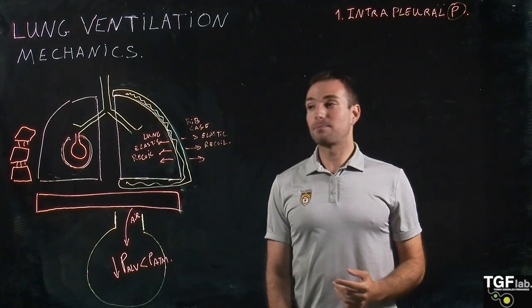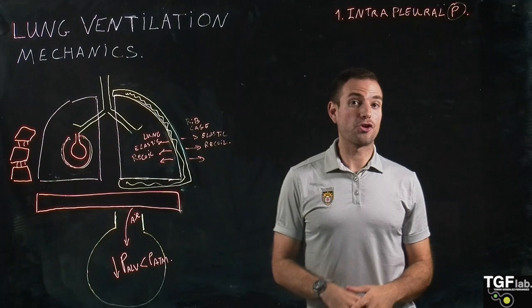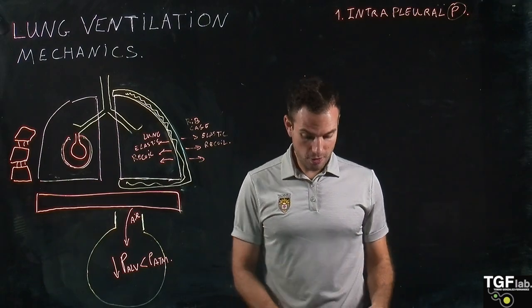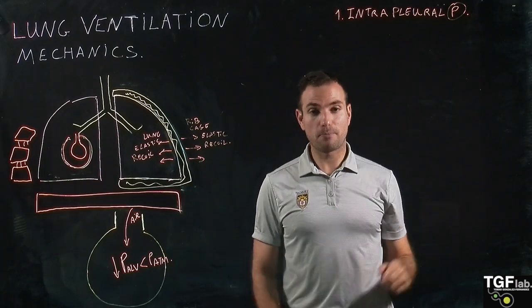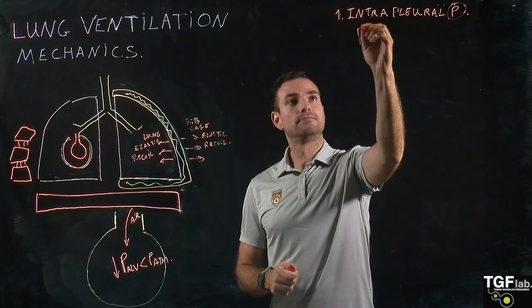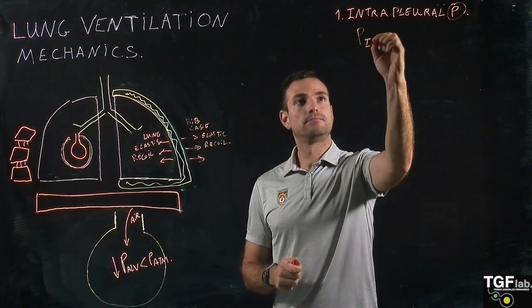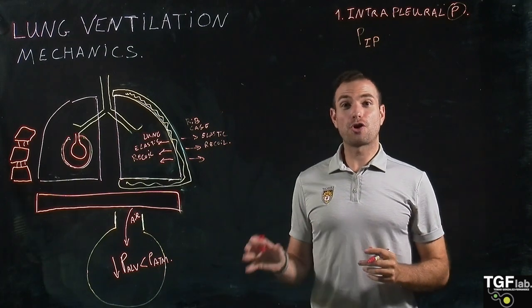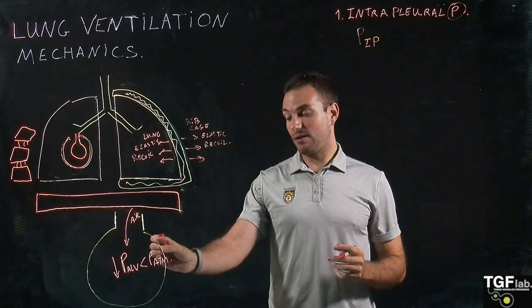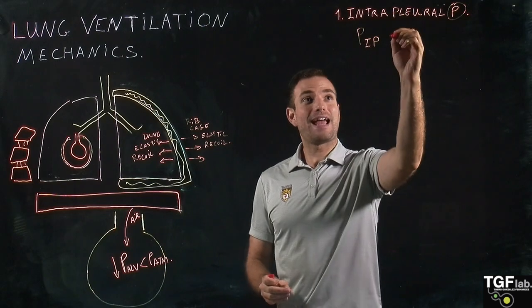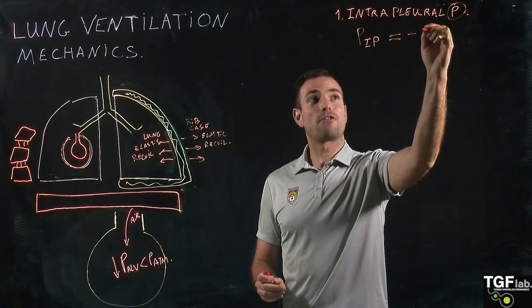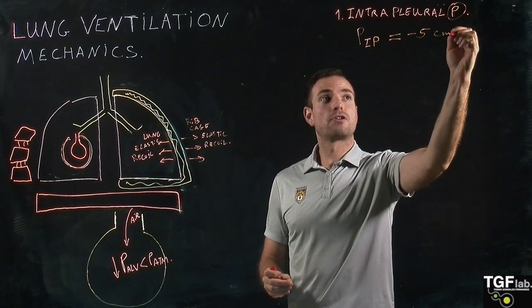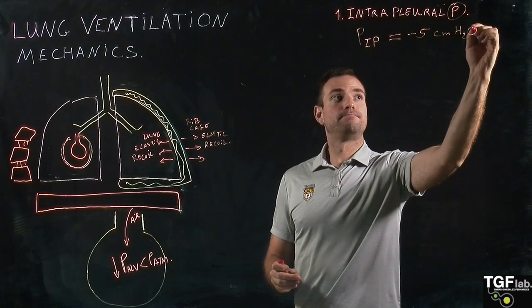These two forces plus the water inside the pleura generate a pressure called the intrapleural pressure. This intrapleural pressure is always going to be negative, always lower than the atmospheric pressure, and its average is around -5 centimeters of water.